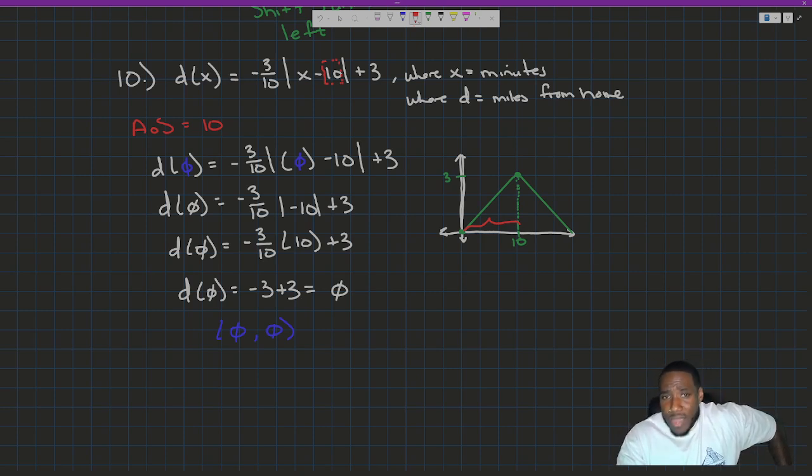Then what we have to recognize is from halfway until the end must be another 10 units, leaving us at an x value of 20. Okay? So my proposition is 20 is the end of our domain. After 20 minutes, we'll have reached back home. Let's see if we can prove that algebraically.